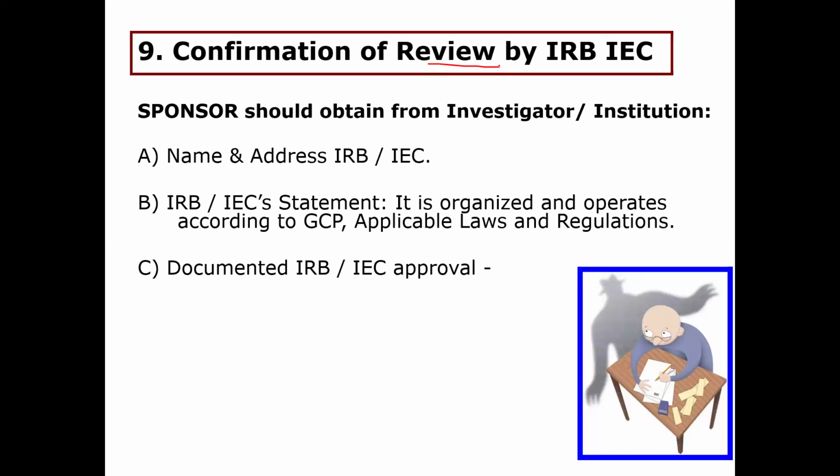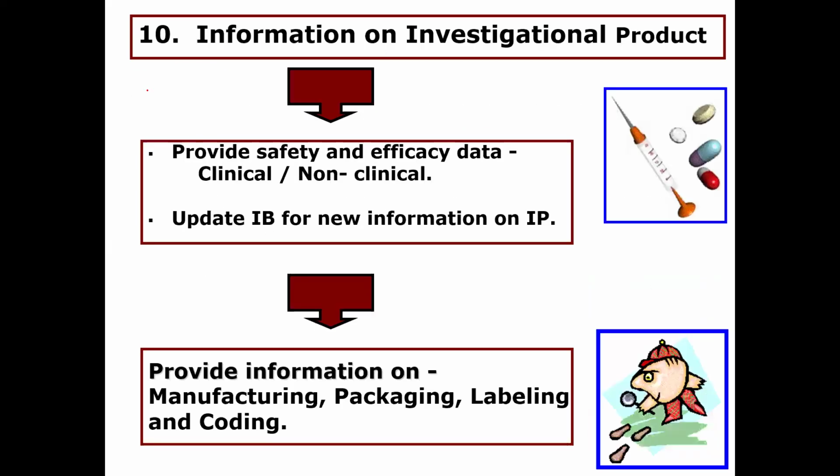Although the coordination work is done by the investigator or institute which is doing the research, suppose your AIMS, a hospital, is doing the research, the ethics committee is of AIMS, very fair, right? Then the investigator will be coordinating with them, but the sponsor will be taking confirmation that you have done this thing. That will be the responsibility of a sponsor.